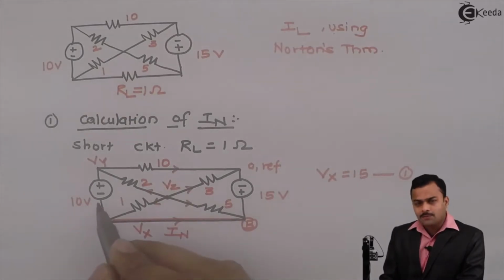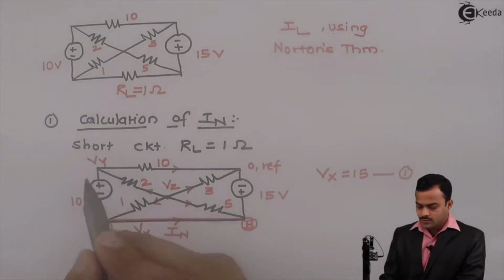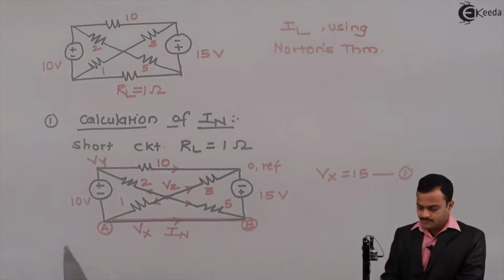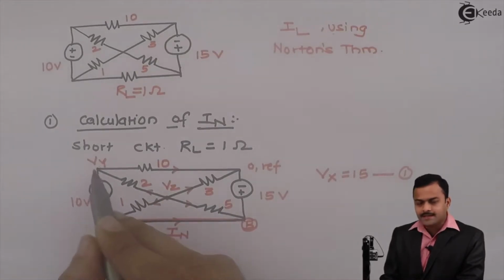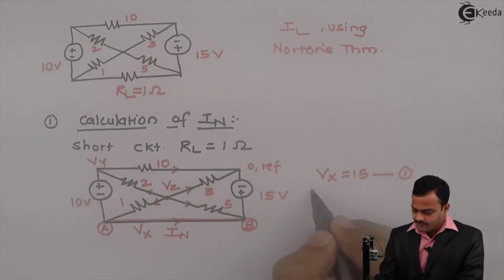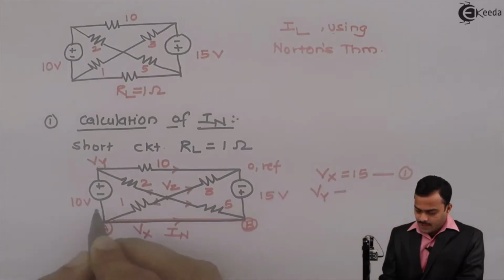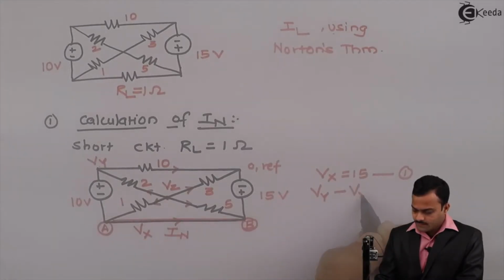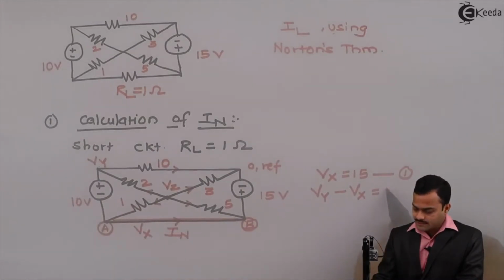If you see properly, same is the case for these two nodes. Now here I am having Vy, here it is Vx, so I can get a second equation like this. Vy is at higher potential compared to Vx, and the difference between them is given as 10.